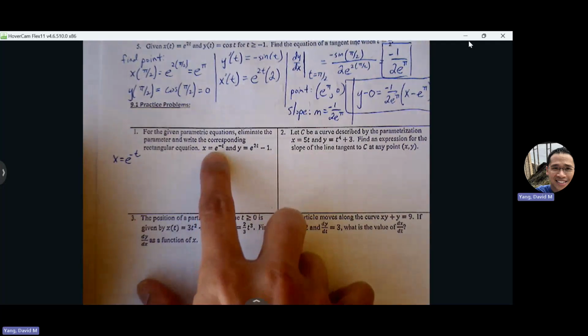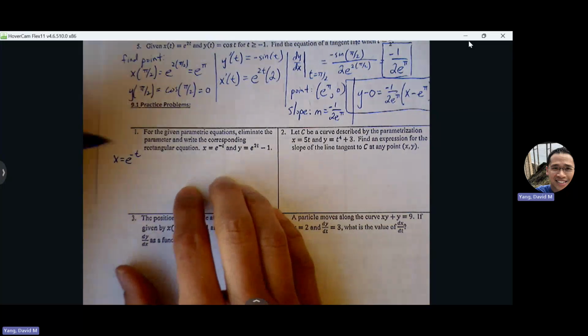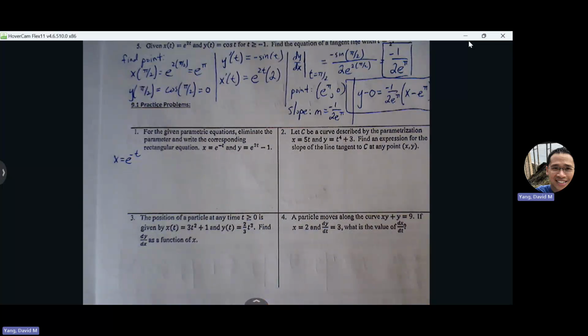And if I can solve for t for one, I can plug in and eliminate the parameter by plugging into the other. So if we're choosing between which t to solve for, you usually just look at the equations and see, okay, which one will be the easier one to get t by itself.